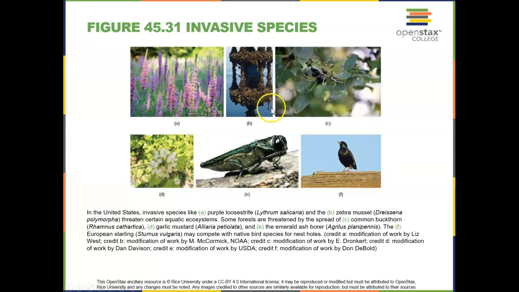They can be plants, they can be animals, and these are non-native species that move into an area and cause much concern because they disrupt the balance in the community. They are able to come in and compete with native species for resources, and they are often more well adapted to lots of different areas, and so they can cause a lot of trouble.